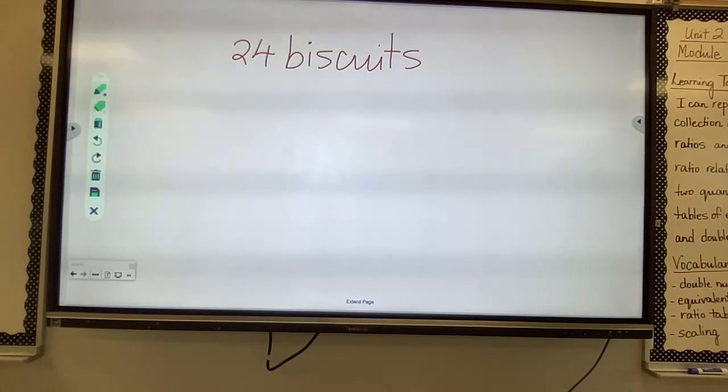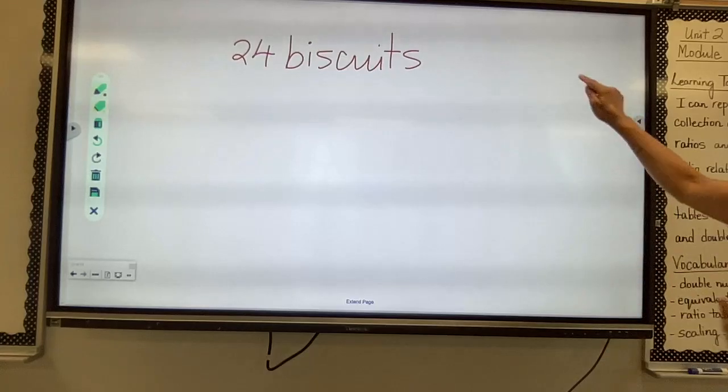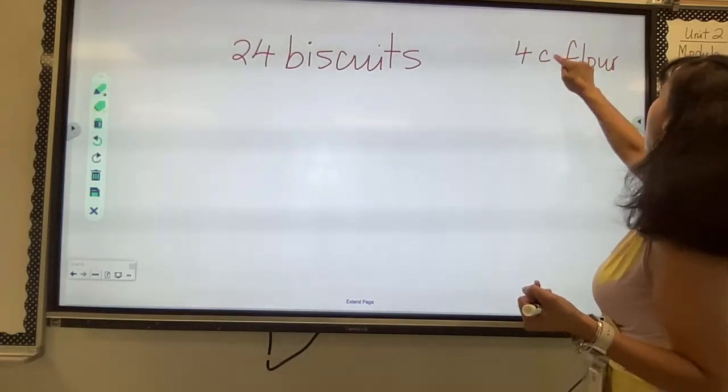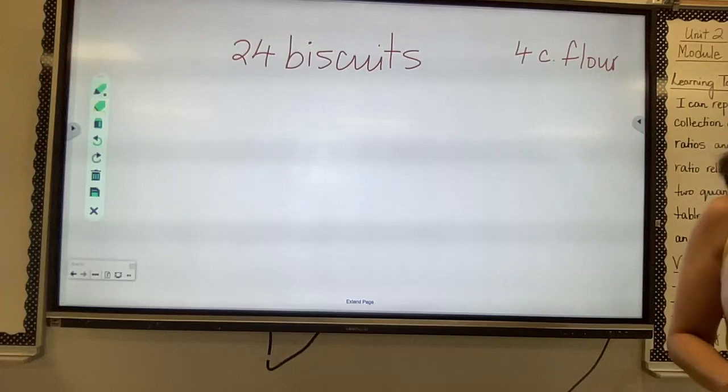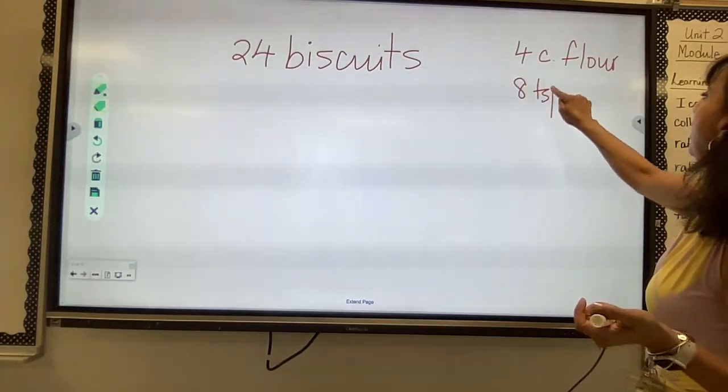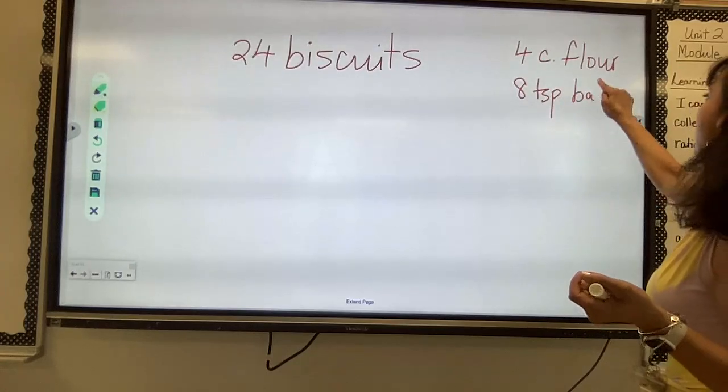We have 4 cups flour. This is what we are going to focus on, but we have 8 teaspoons baking powder.